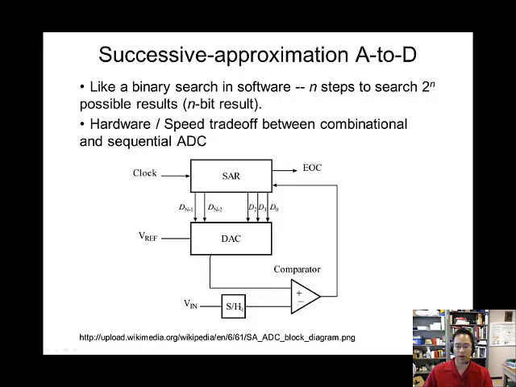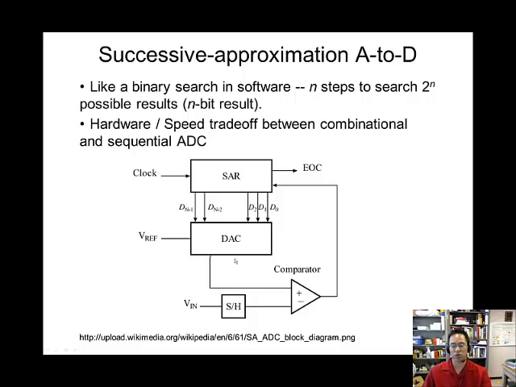So here's the comparator. Here's the sample and hold circuit, the input, holding the voltage in here, and here's going to be our reference voltage. We put it in here, and then we make a guess using some circuit controlling a digital to analog converter and providing a new voltage here.